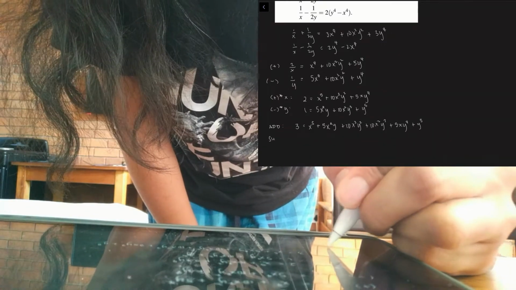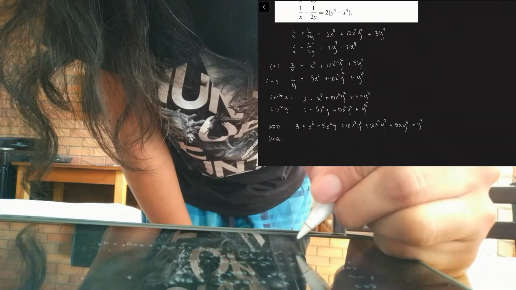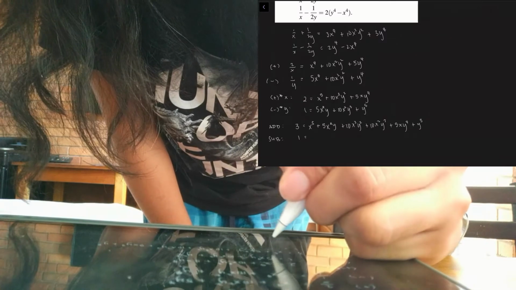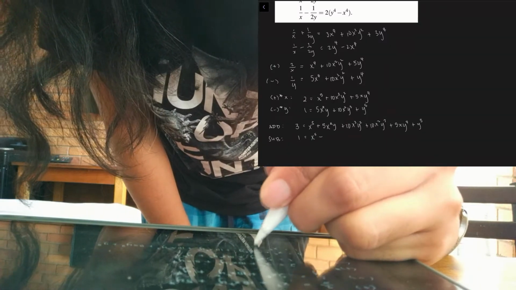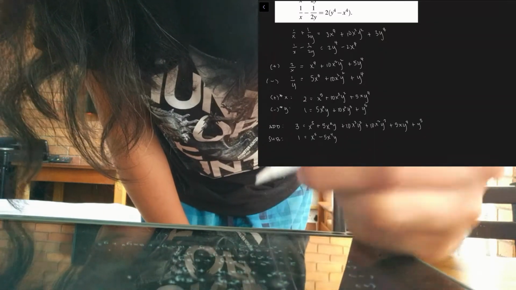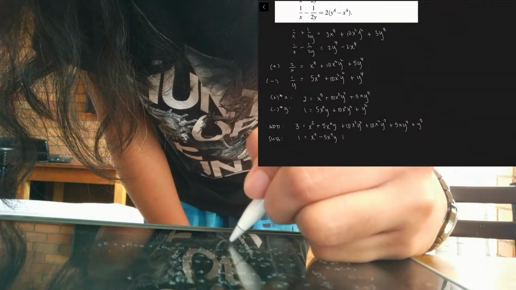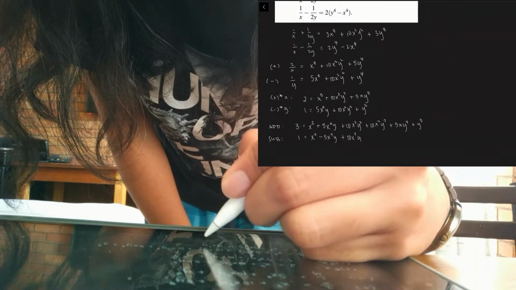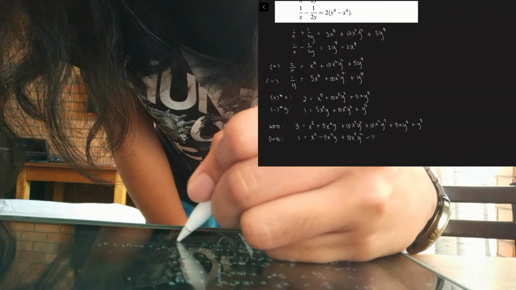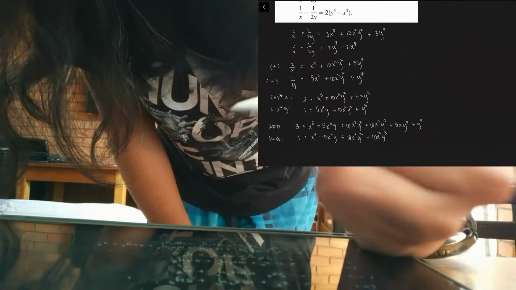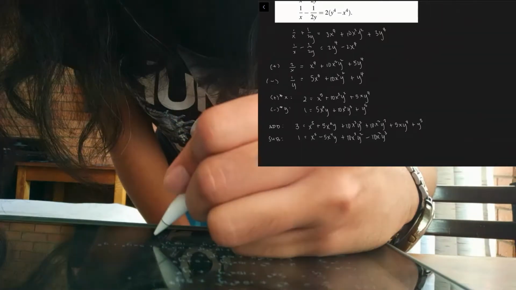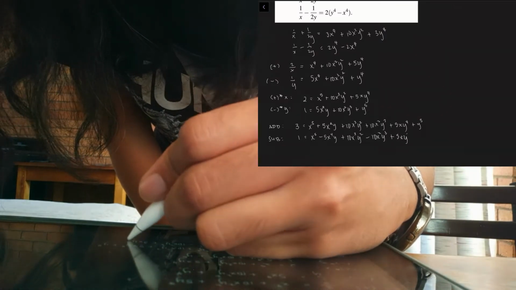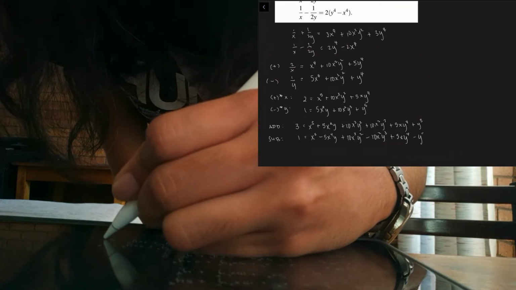And then let's subtract these two equations. We get 1 equals x to the fifth minus 5x to the fourth y plus 10x cubed y squared minus 10x squared y cubed plus 5x y to the fourth minus y to the fifth.